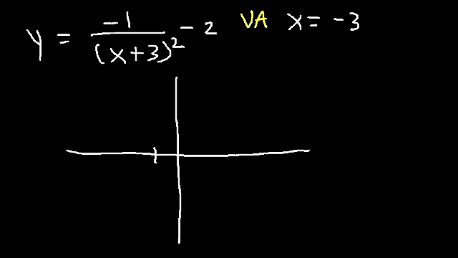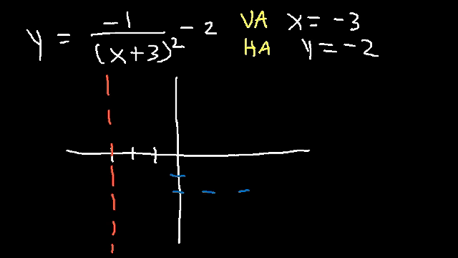So it's been shifted 3 units to the left. The horizontal asymptote is y is equal to negative 2. So it's been shifted 2 units down.